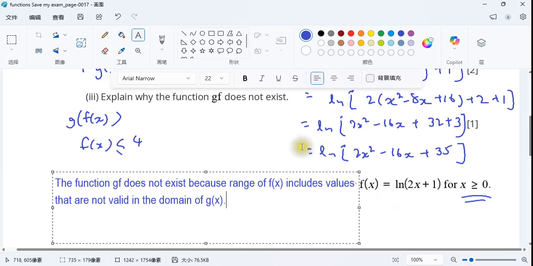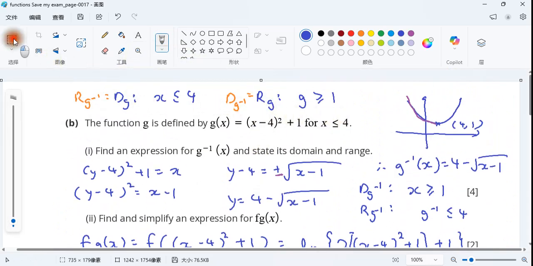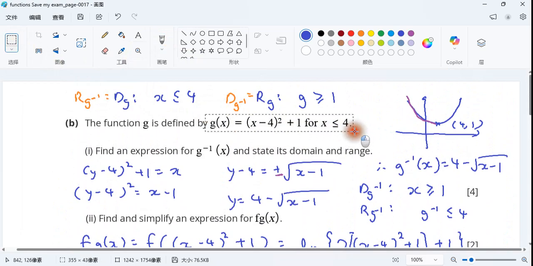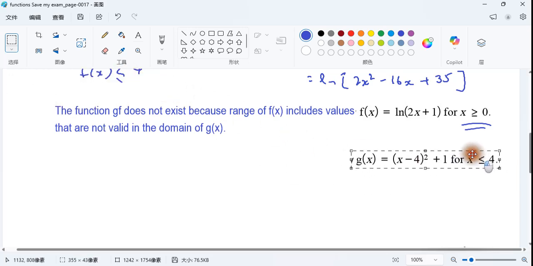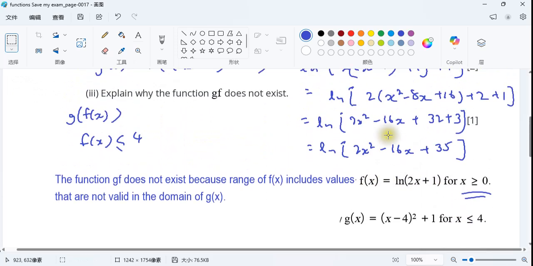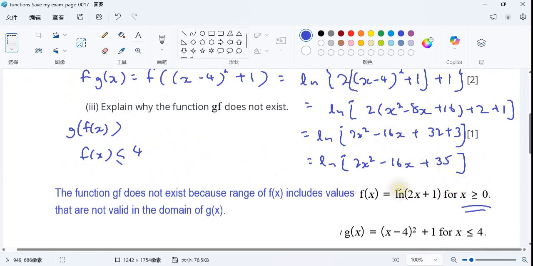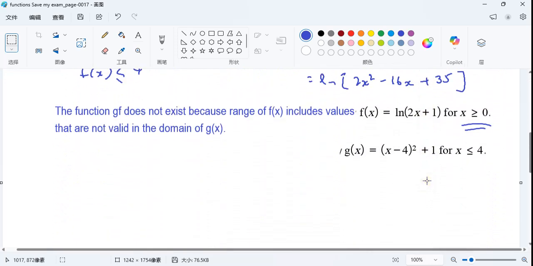For g(x), we know that x must be less than or equal to 4. But the range of f(x) here is ln, which is something like this.